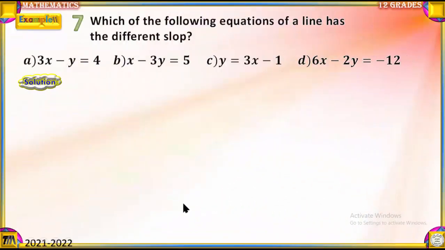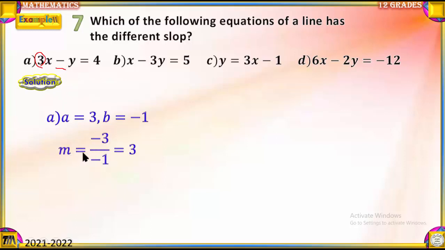Example number 7. Which of the following equations of a line has a different slope? Here we must find the slope of all these lines. Let's take A. You can see a is 3 and b is minus 1. Then the slope of A, m, is equal to minus a, which is minus 3, over b, which is minus 1.